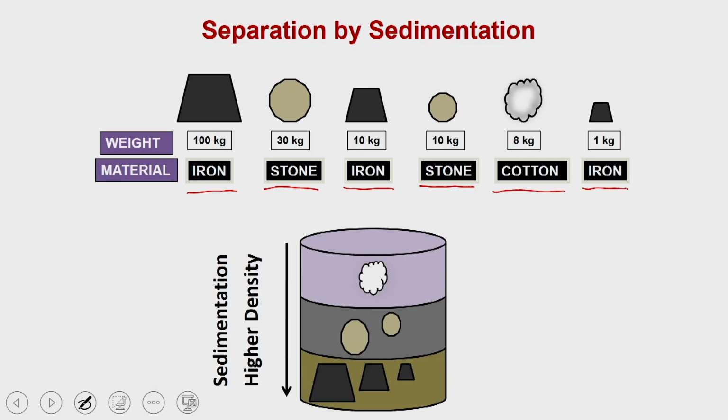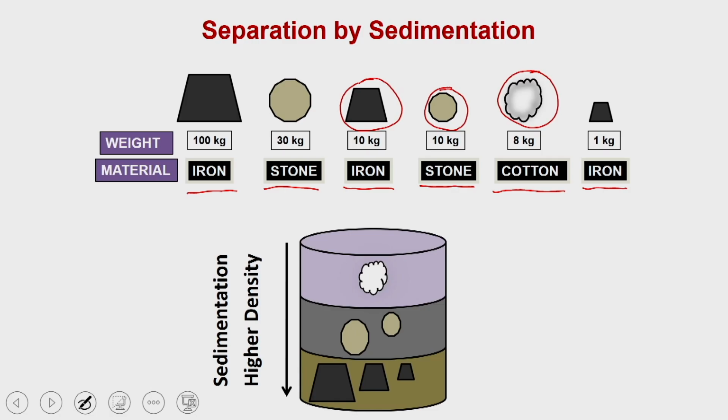You know that the cotton is going to have the lowest density compared to all other samples. Next is the stone, which has a slightly higher density than the cotton. Then you have the iron, which has the highest density.